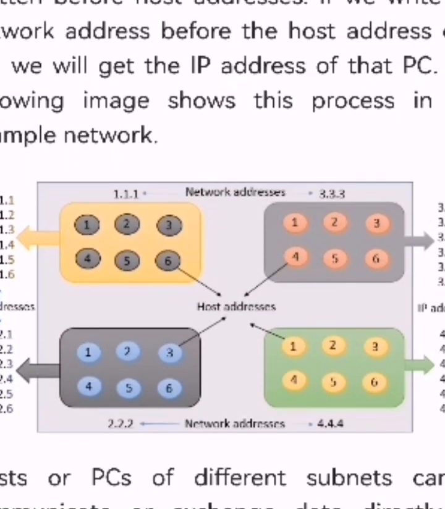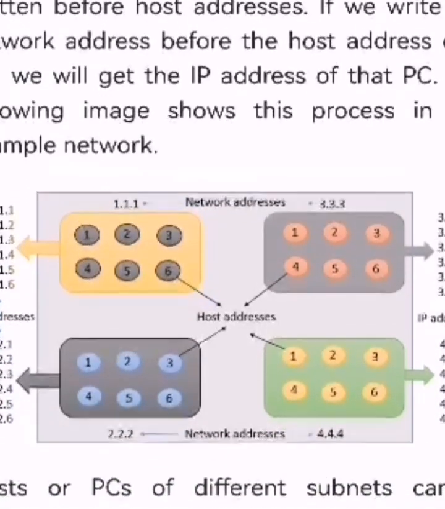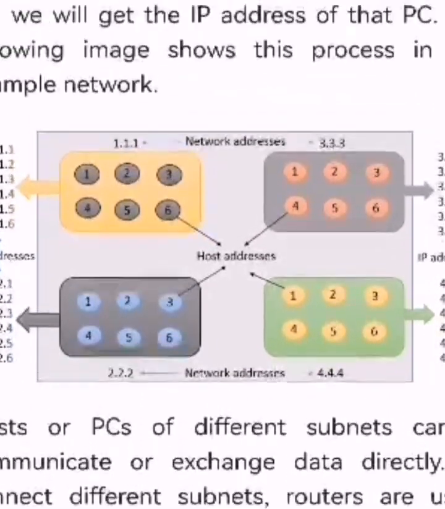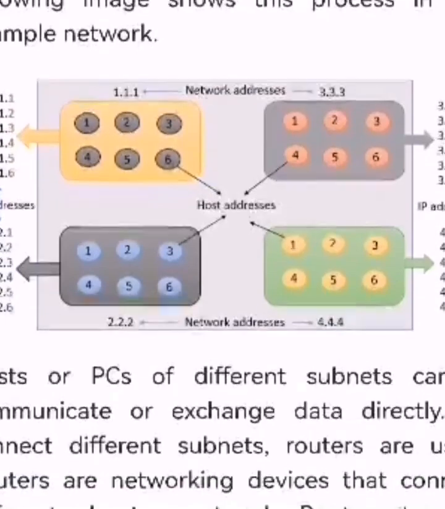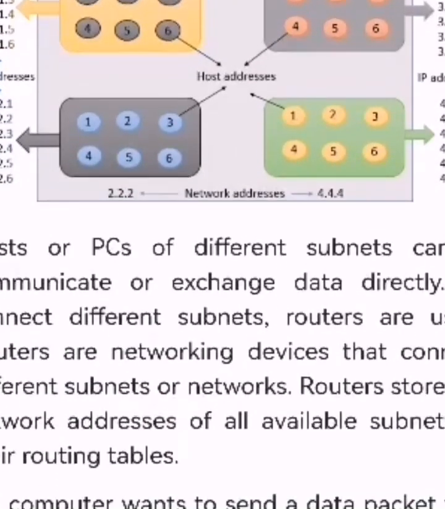In IP addresses, network addresses are always written before host addresses. If we write the network address before the host address of a PC, we will get the IP address of that PC. The following image shows this process in our example network.